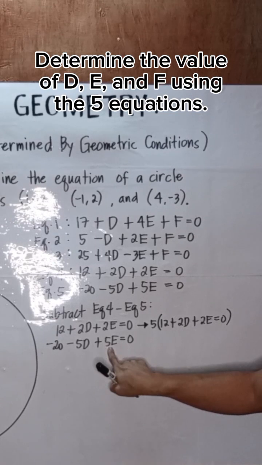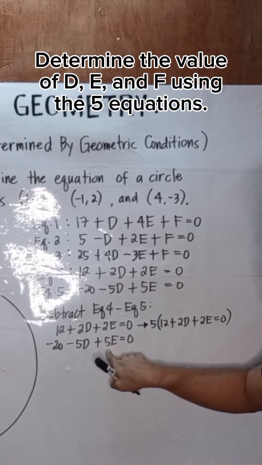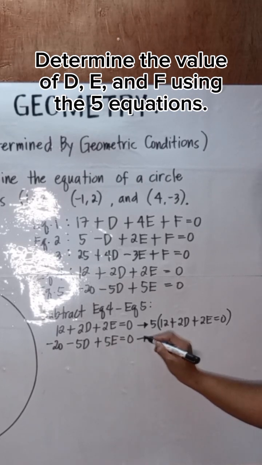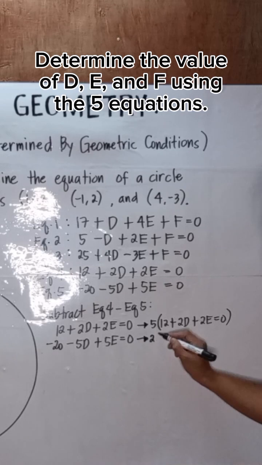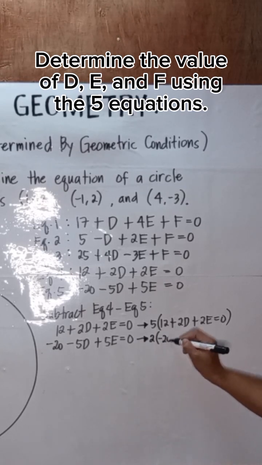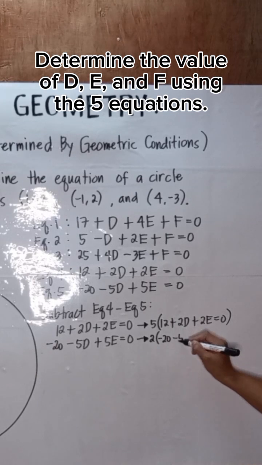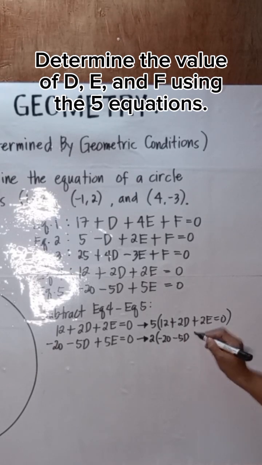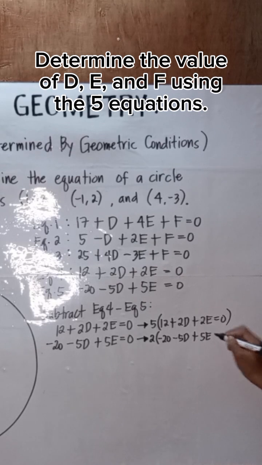And then, ito namang 5E, para maging positive 10E, i-multiply natin sa 2. So, yung buong equation 5 natin, i-multiply natin sa 2. 2 times the quantity of negative 20 minus 5d plus 5e is equal to 0.